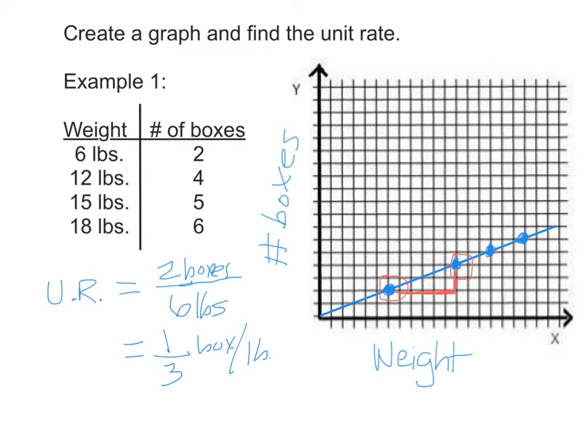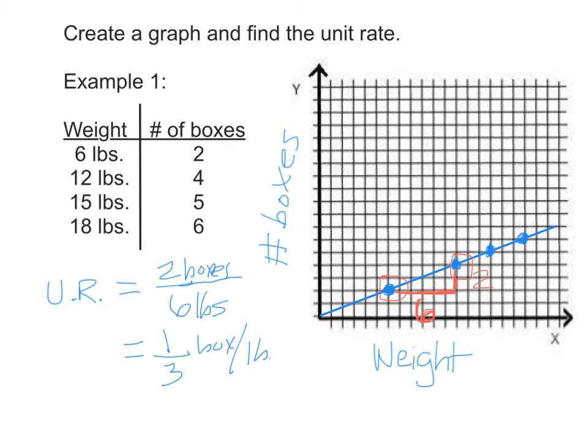We're going to measure the sides of our triangle, and because it's this nice, neat little 90-degree angle, it'll be easy to measure the sides. The vertical side of this triangle, the up and down side, is 2 units tall. And the horizontal side, the one going left to right, if we count our boxes, is 6 units.